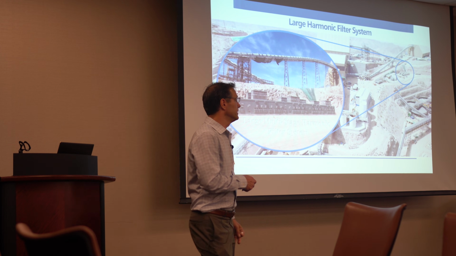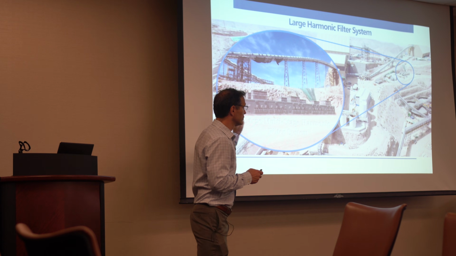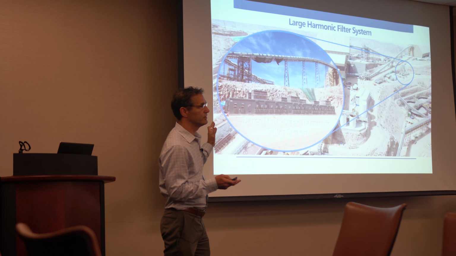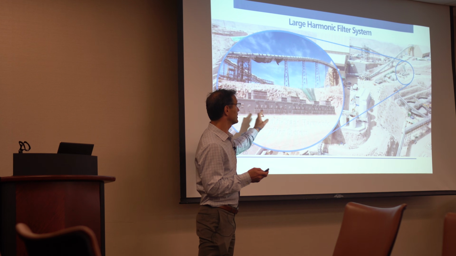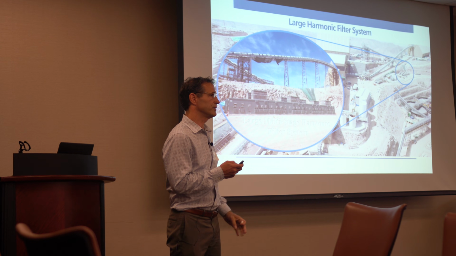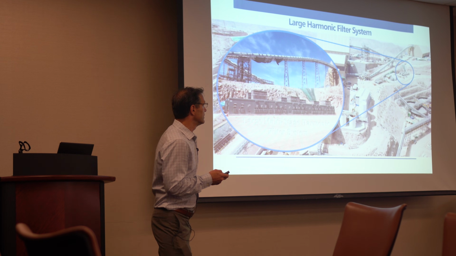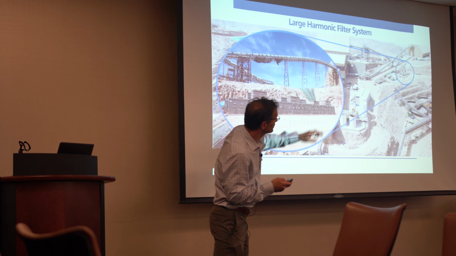Okay. So this is an example of something that we shipped into South America. It's a very large harmonic filter, 25 kV. It's 200 kV BIL because it's up at, I don't know, maybe 14,000 feet. So there's an altitude derating issue, and that's what it is over there at the end.